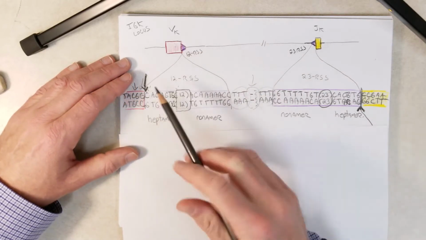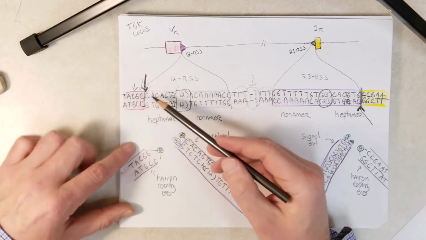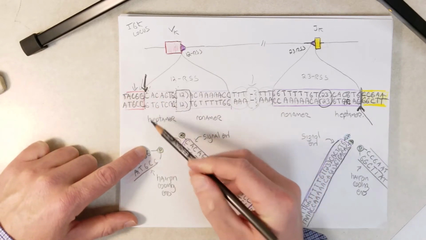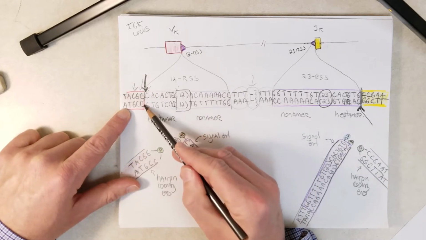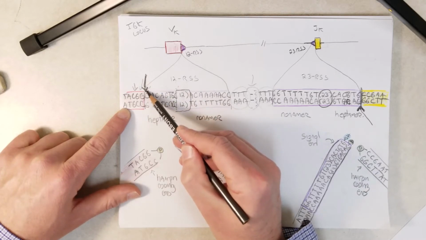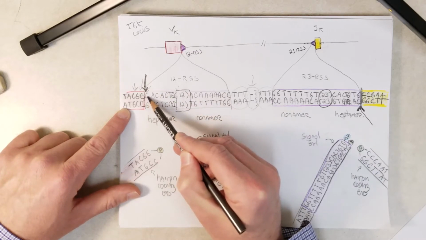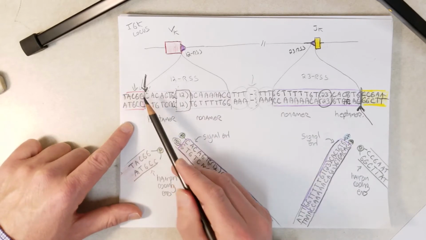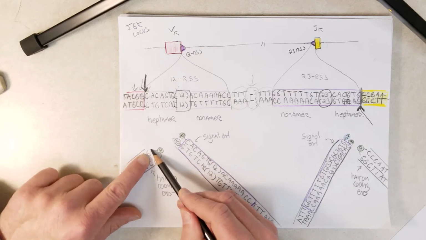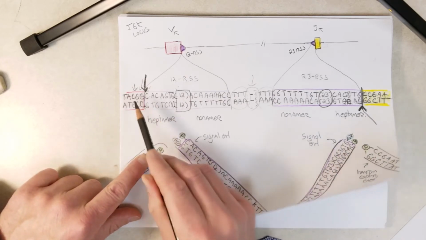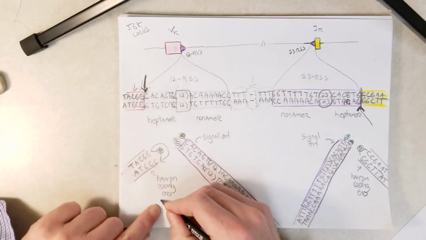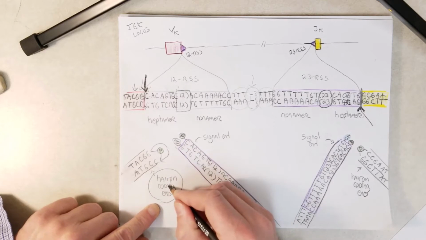It's going to use that nick and fuse it in a way that makes this coding strand right here, this G and this C. After the RAG1, RAG2 nicks the phosphodiester bond between this G and this C, between the end of the V segment and the beginning of the RSS, it is going to link this G nucleotide right here to this C nucleotide right here. This is going to be called the hairpin coding end.